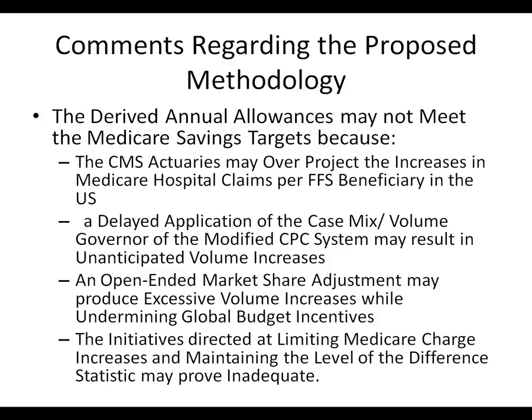Isn't that essentially the same way we've behaved in the past few years with regard to trying to project what the Medicare savings or the Medicare expenditure rate would be?